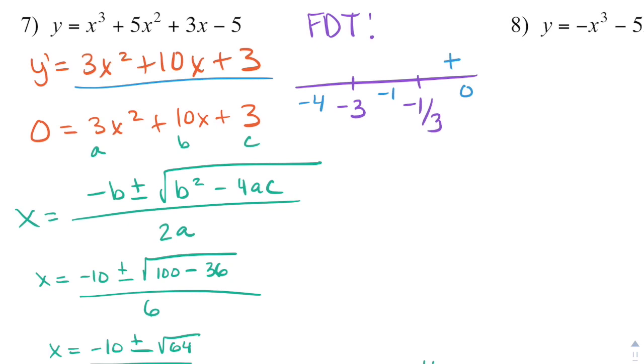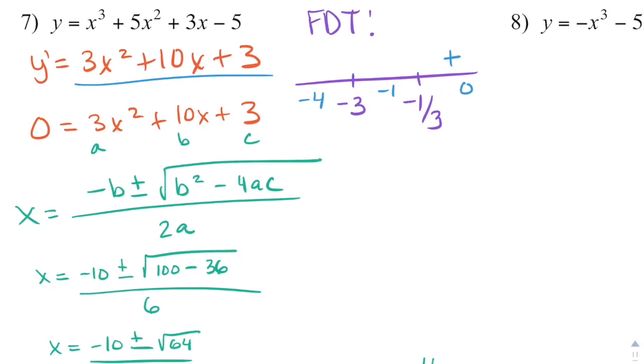If I put in negative 1, negative 1 squared is 1, so 3 minus 10 is negative 7, plus 3, which is negative 4. So this is a negative.